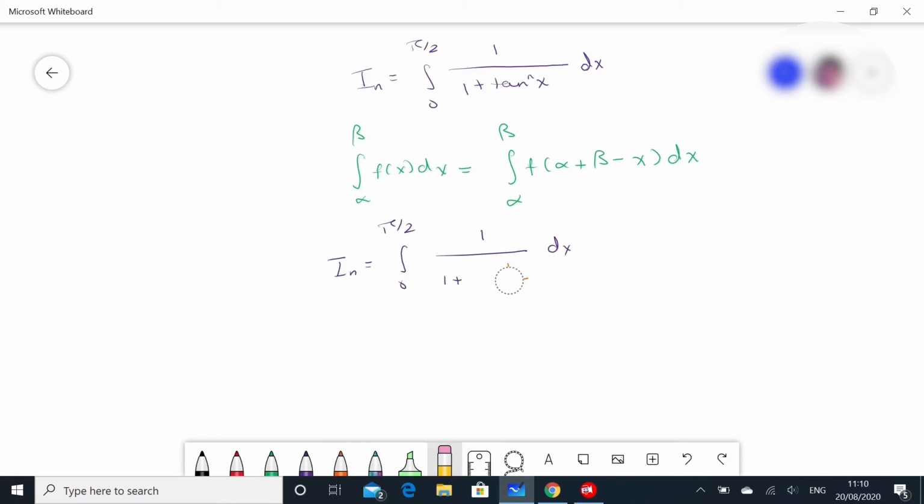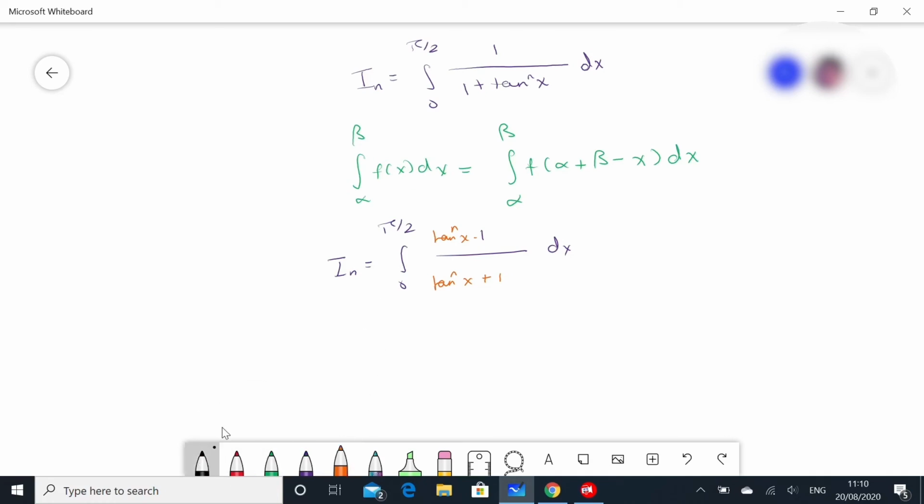Now let's just multiply the top and bottom by tan to the power of n of x. Okay, so we're going to multiply the bottom by tan to the power of n of x. We get this, and we multiply the top by tan to the power of n of x. We get that. Alright, and this looks suspiciously similar to the original integral, but it's got an extra tan to the power of n of x on the top.